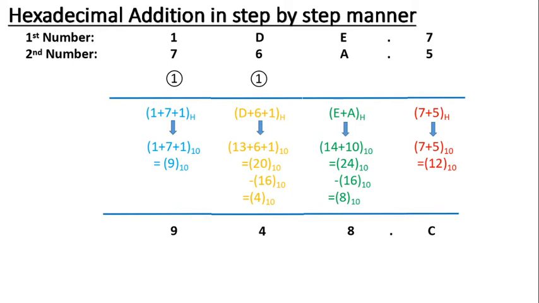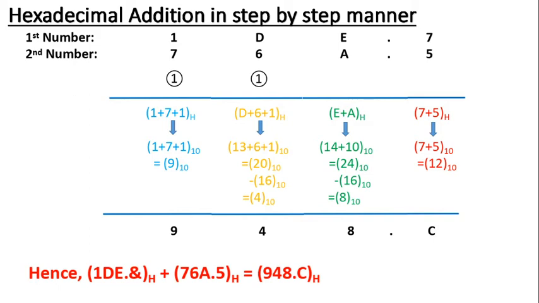It means that just below that bottom horizontal line, the figure which we got in black color, 948.C, is nothing but the sum of these two numbers which are added together.